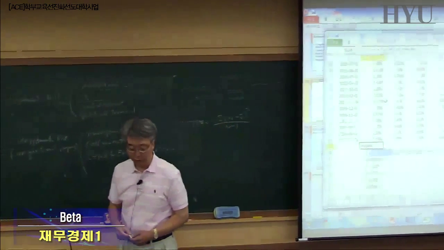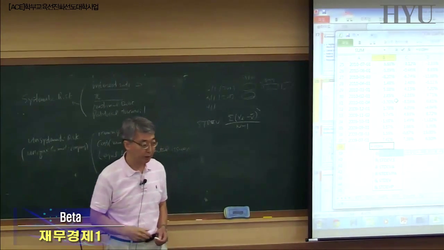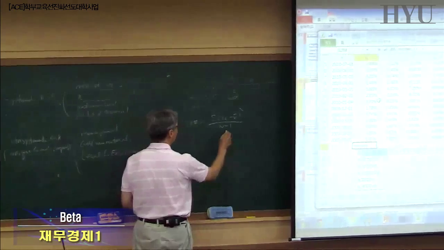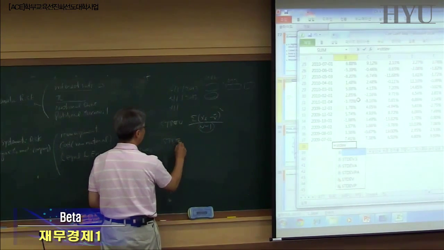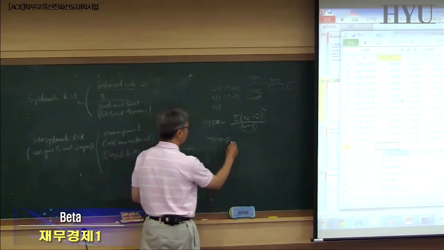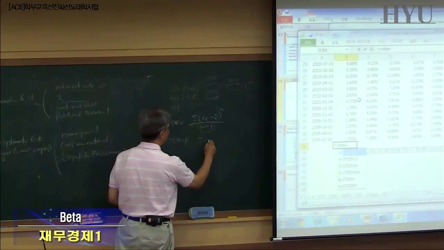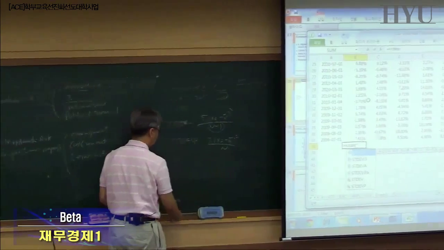But you don't have to do that here. Here you have 36 observations for 3 years, so I want you to use the entire 36 observations. So use STDEV.P, the population standard deviation. Then Excel will calculate the summation of xi minus x bar squared over n, instead of n minus 1.